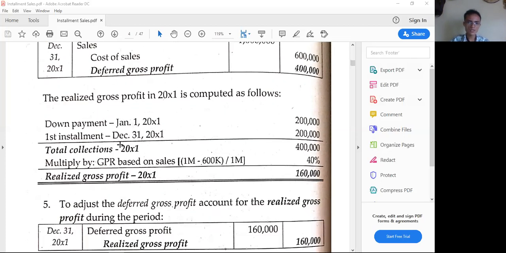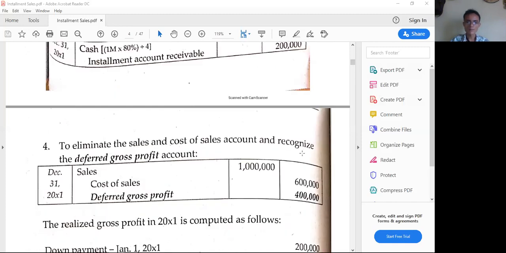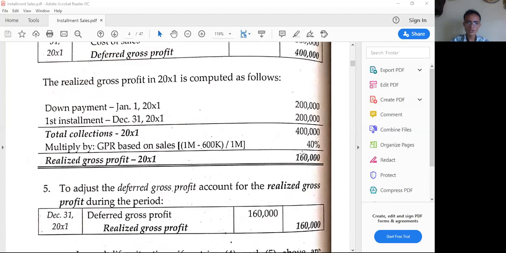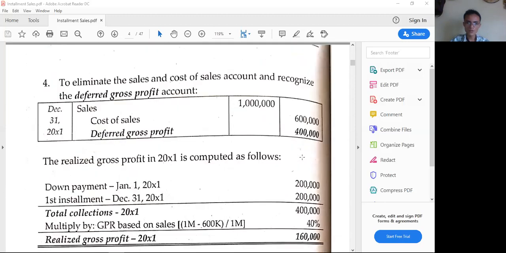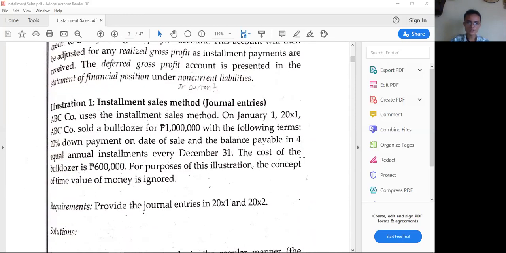And then for the collections, that will be the down payment of 200,000 plus the installment of 200,000 equals 400,000, multiplied by the GPR rate on the sales. So we have 400,000 times 40%. How do we get 40%?